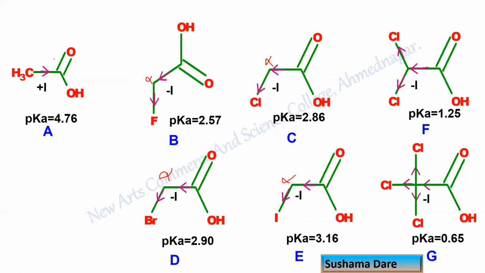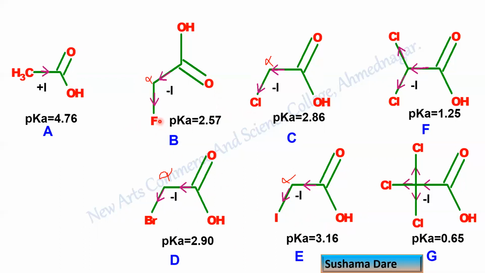Now, first of all, we'll explain with acetic acid, and then we extend our explanation to the remaining acids. Look here: A is 4.76, B is 2.57, C is 2.86, D is 2.90, and this is 3.16 in the case of E. So what is the electronegativity order? It is fluoro, chloro, bromo, iodo, right?